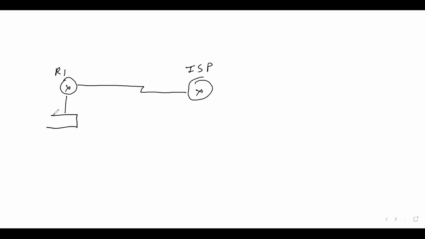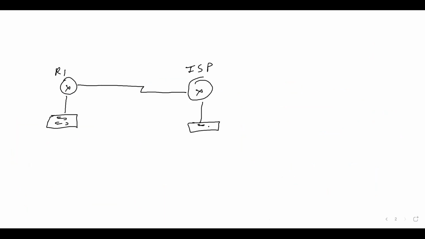Okay, what was my topology? I had R1, this one. Then I had an ISP router here. I had a switch. Same, I had a switch here. What I'm doing? I can take a snapshot.